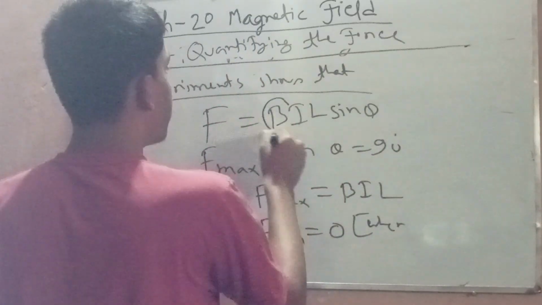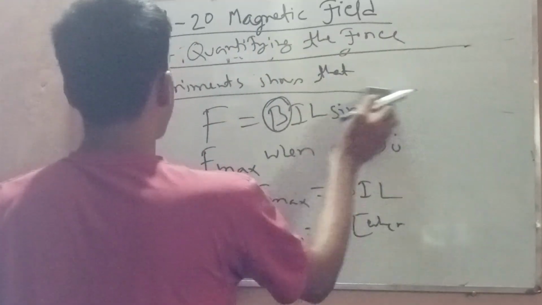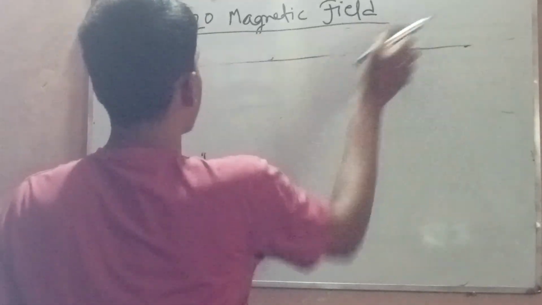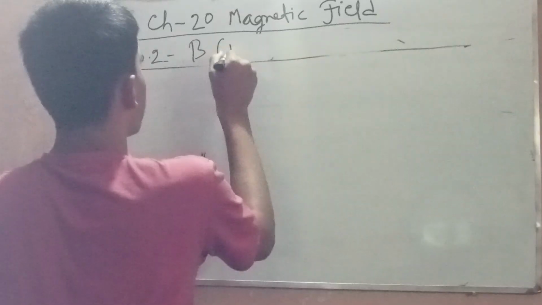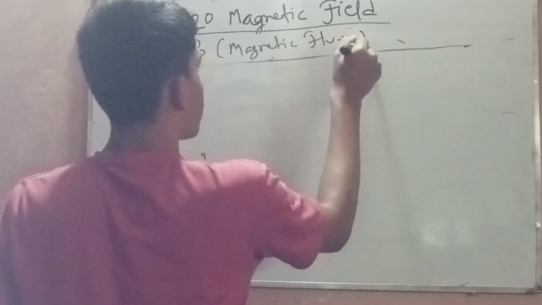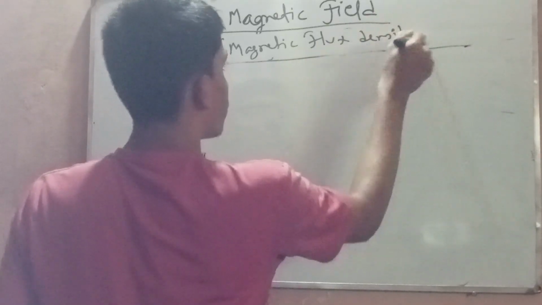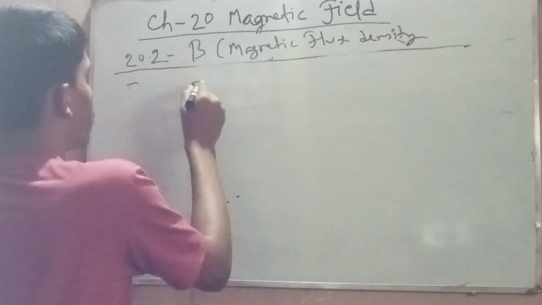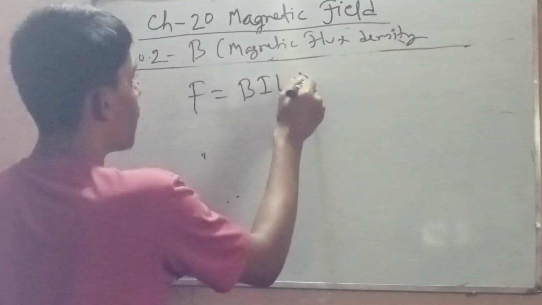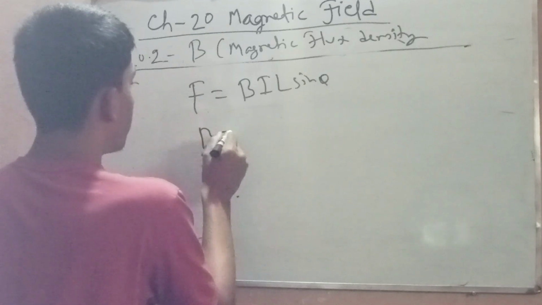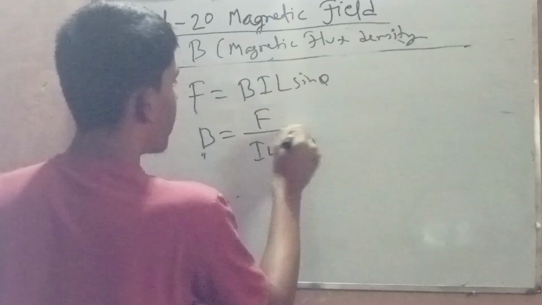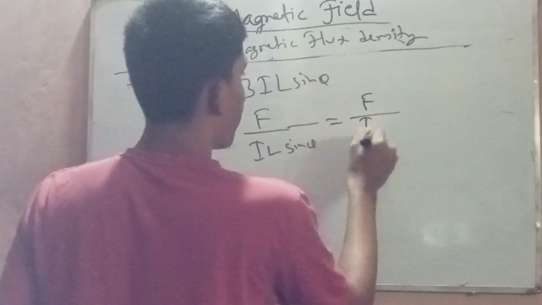Now we will define B, magnetic flux density. F is equal to BIL sin theta, so B is equal to F divided by IL sin theta.